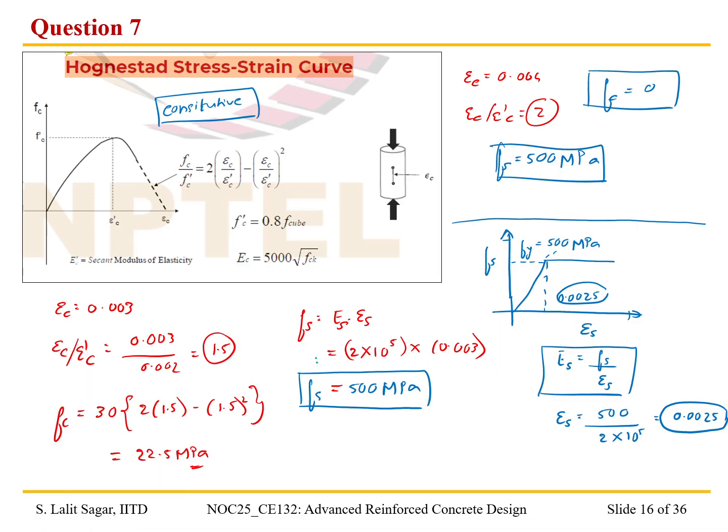Now we know the governing equation to determine the axial load in the column, that is P is equal to Fc into Ac plus Fs into As.